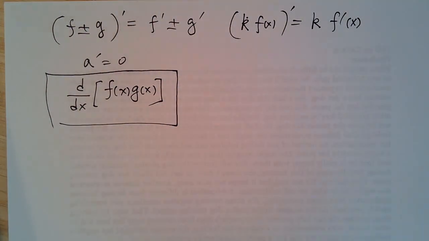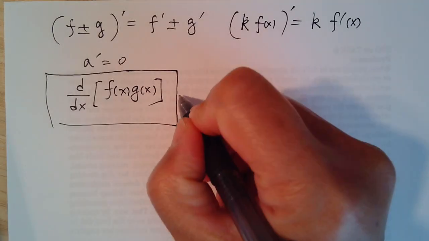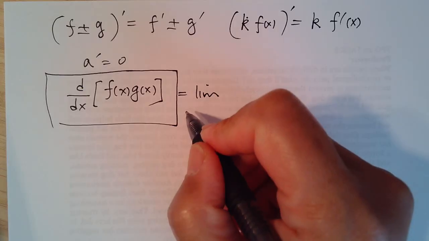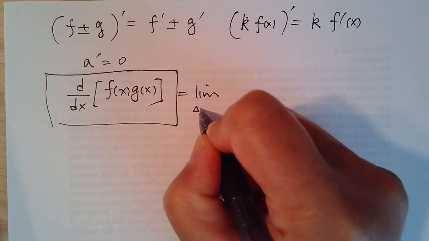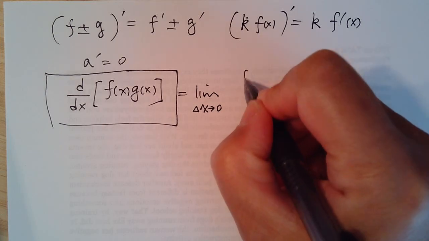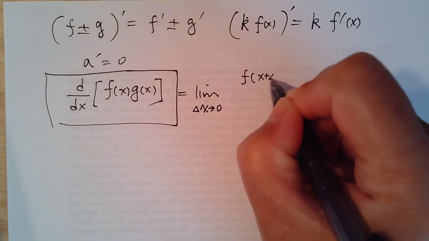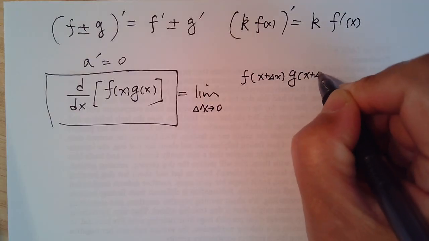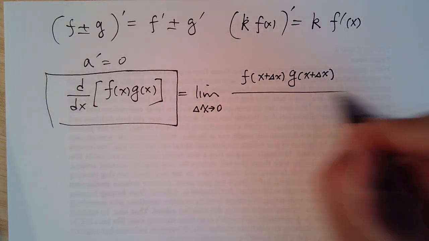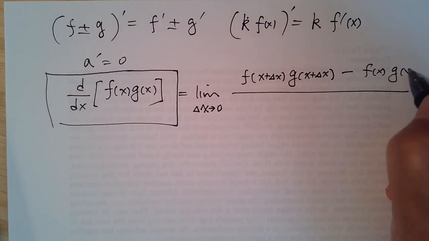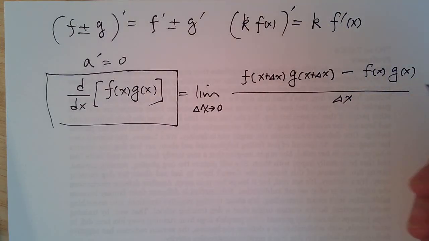I can prove something by the definition. That will be the limit as delta x approaches 0, and the top part is going to be f of x plus delta x, g of x plus delta x, minus f of x, g of x, and over delta x.